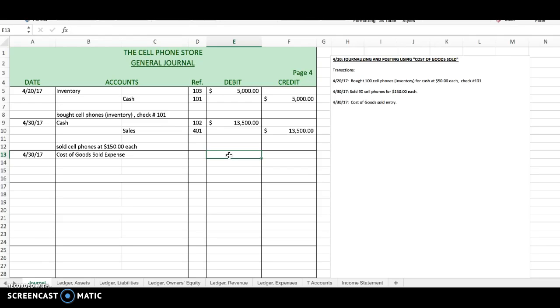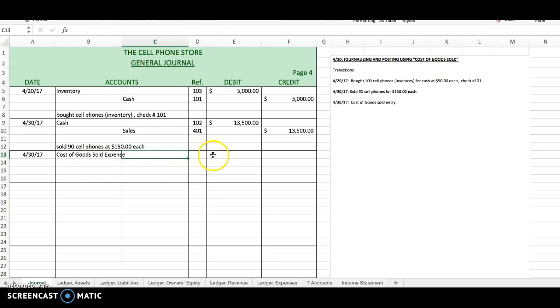for each cell phone. So in your entry here with cost of goods sold, we have an expense of 90 cell phones that we sold, and maybe we should have put in our little explanation up here, we sold 90 cell phones. Okay, we sold them at 150, but they cost us 50 each.